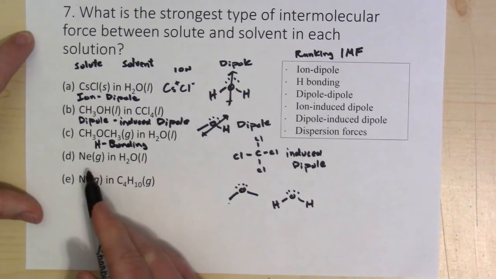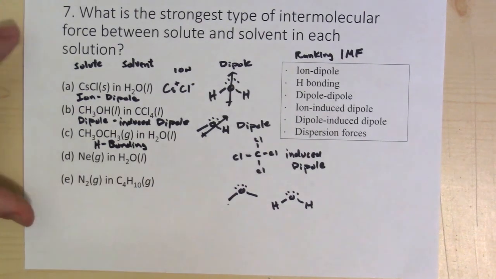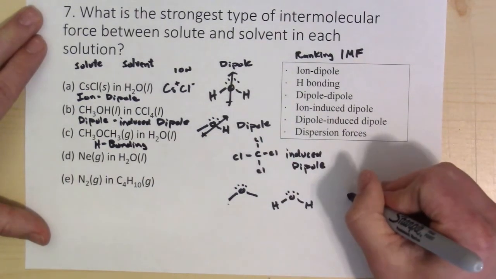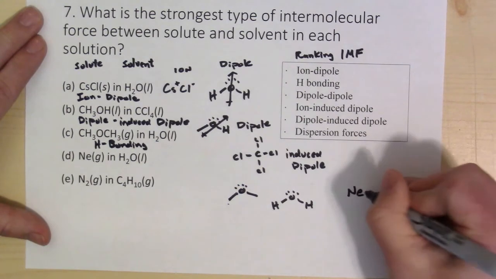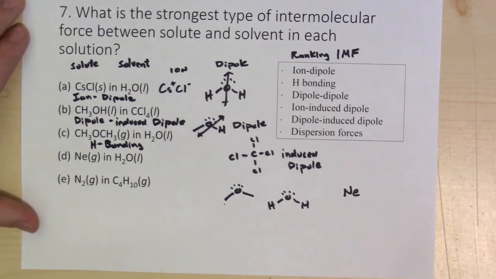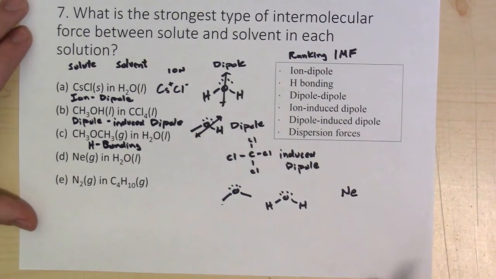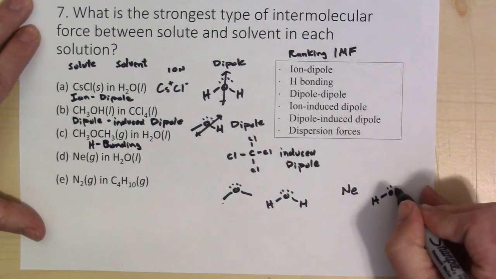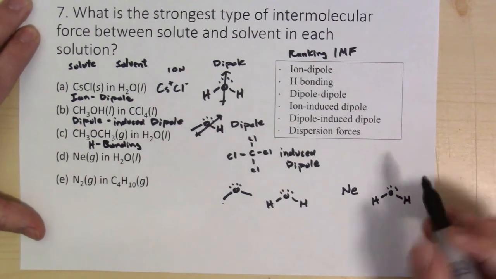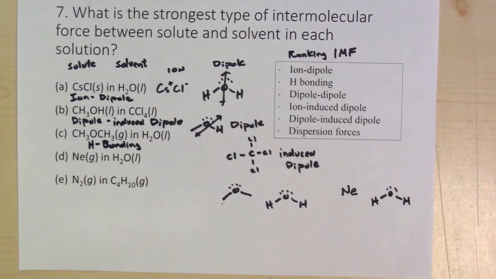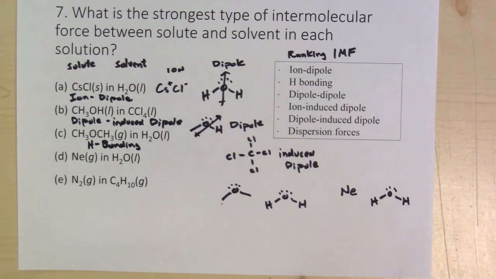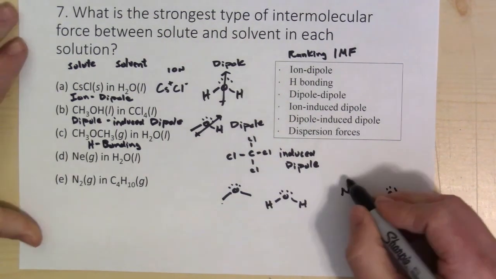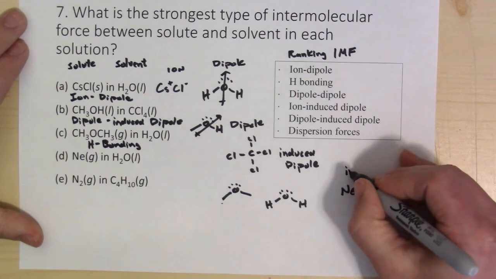Moving to D, we have neon, so just the neon gas monoatom, and then water. So since neon is a single atom, it's not going to have a possibility of having a dipole, so the only force that neon can interact through is induced dipole.